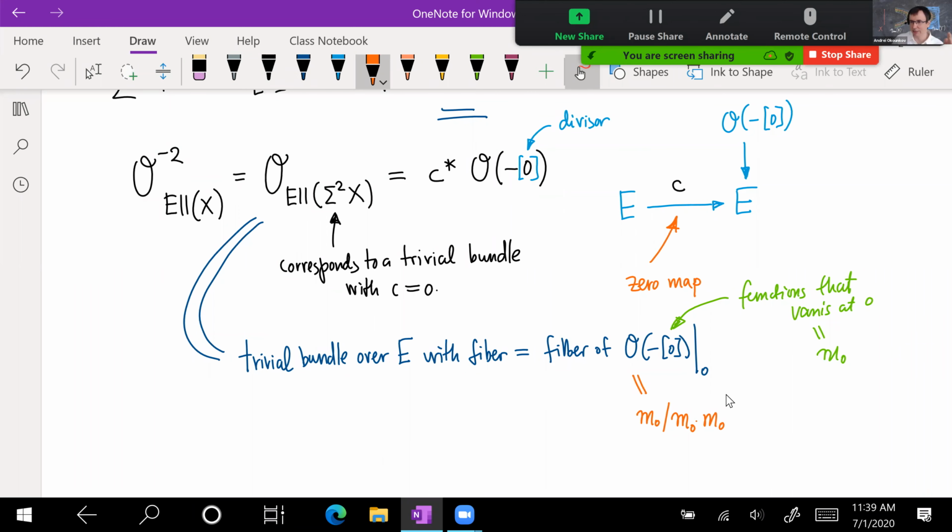you compute the fiber of your sheaf at a point, you mod it out by the maximal ideal. So this is this quotient, and that's by definition just the cotangent line at the 0 to the curve E. That object is a line bundle on the moduli.